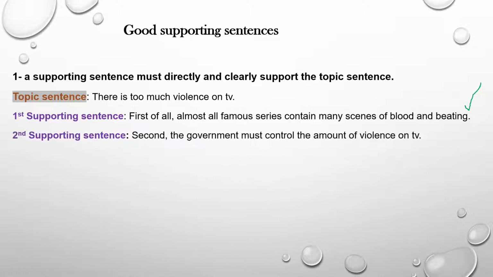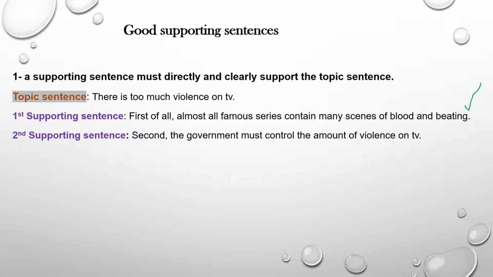Now let's have a look at the second supporting sentence here. Second, the government must control the amount of violence on TV. So this sentence is still talking about violence on TV, but does it help you with the point you made in your topic sentence? No. Does it really support what you said in the topic sentence?